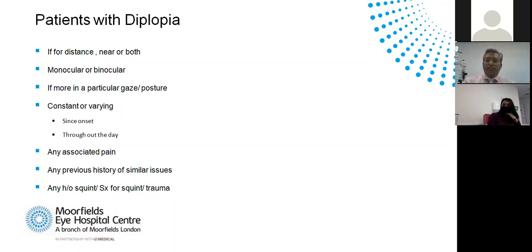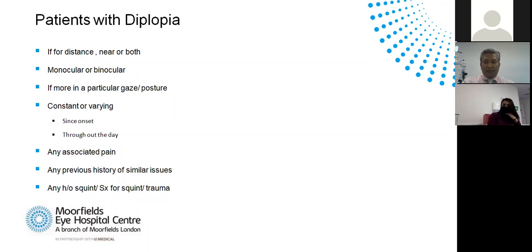Now, any associated pain. If someone says, "I'm getting double vision and it's painful with a particular gaze," most likely there could be some muscular growth or nodular growth, or some muscle tear on the other side. There are several causes which can give this kind of response, like double vision with pain.